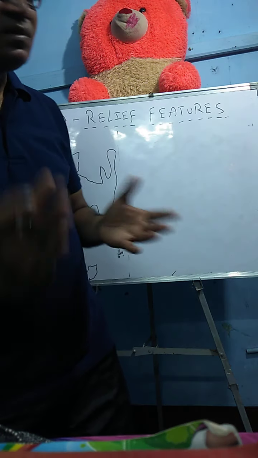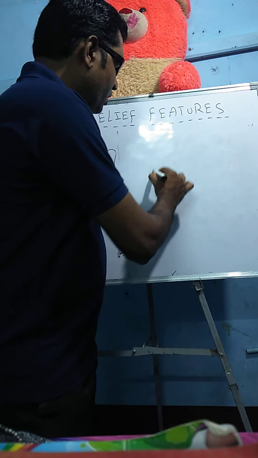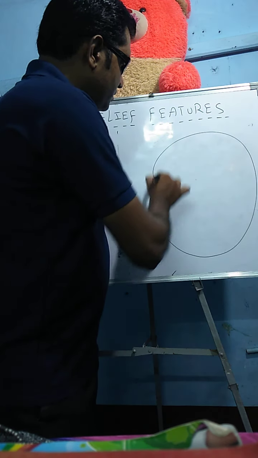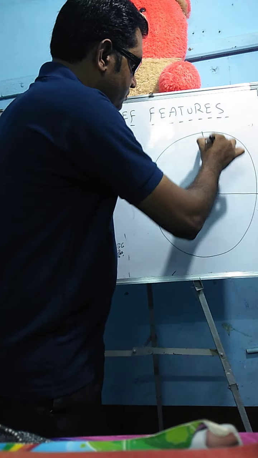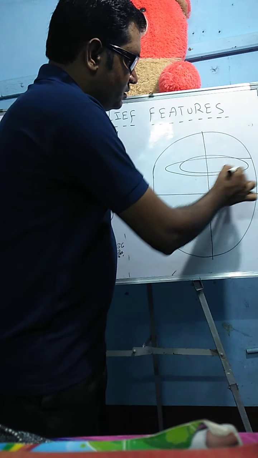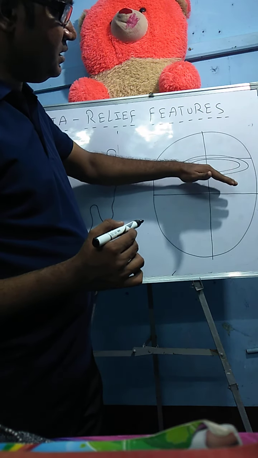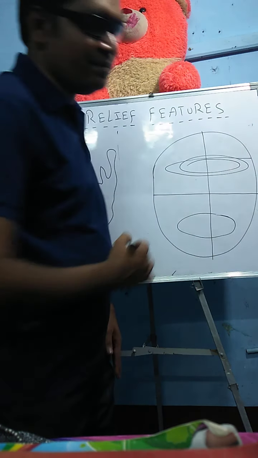Next, the India location point of view. The globe is divided into 4 parts. This first part is called the northern hemisphere. This part, the south side, is the southern hemisphere.